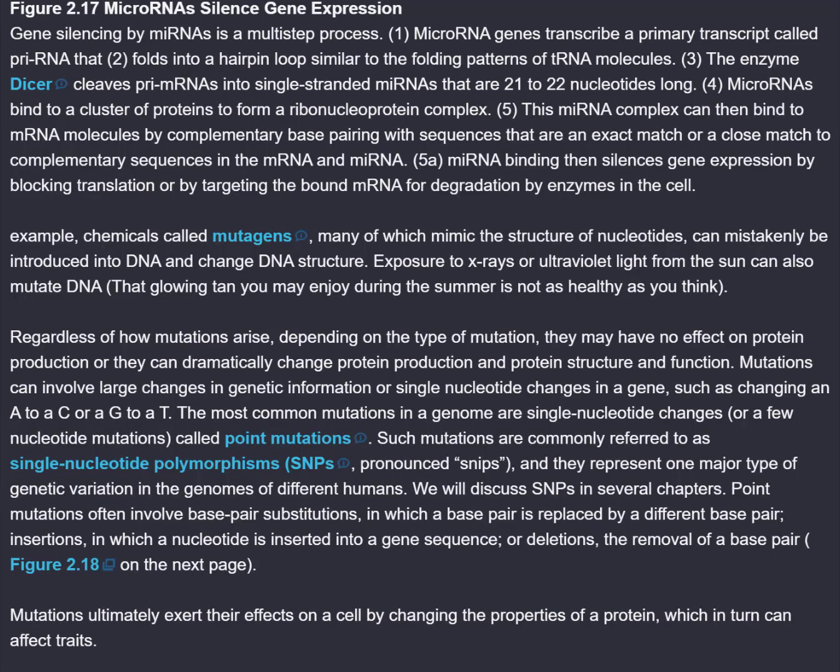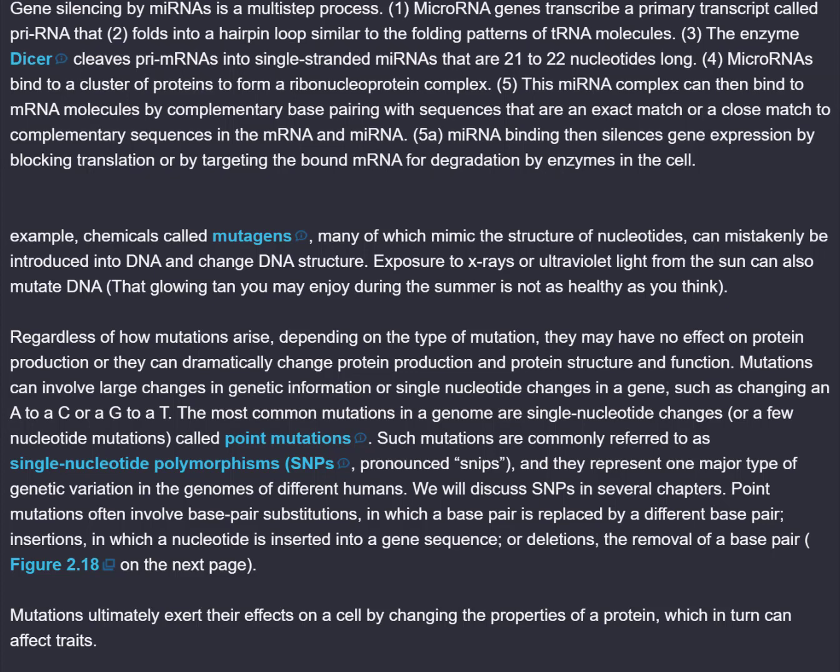Figure 2.17 MicroRNAs silence gene expression. Gene silencing by miRNAs is a multi-step process. 1. MicroRNA genes transcribe a primary transcript called pri-miRNA that 2. folds into a hairpin loop similar to the folding patterns of tRNA molecules. 3. The enzyme Dicer cleaves pri-miRNAs into single-stranded miRNAs that are 21 to 22 nucleotides long. 4.